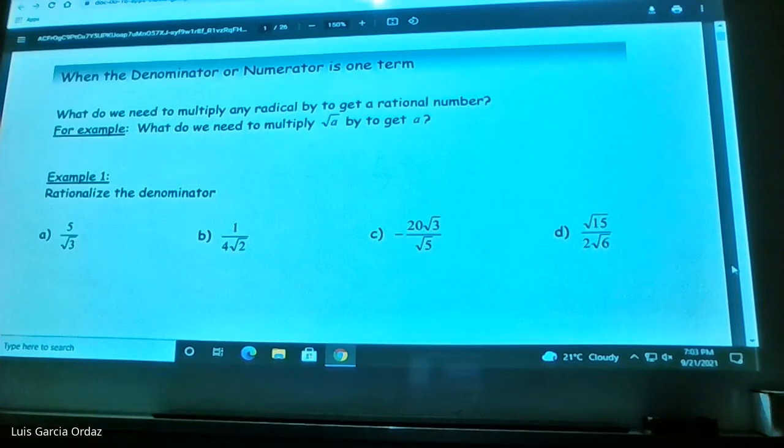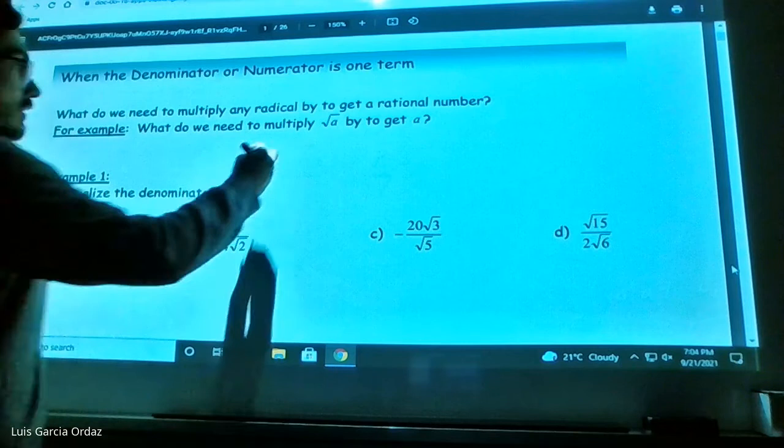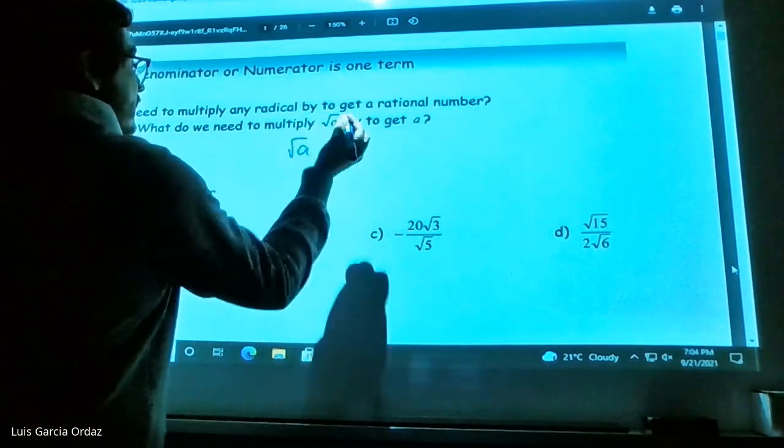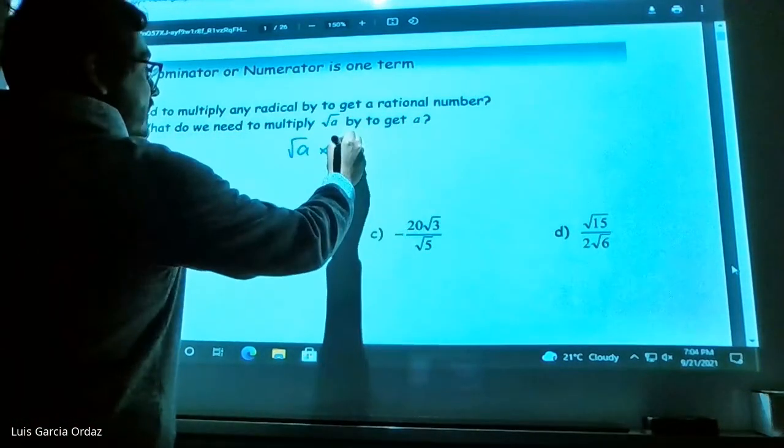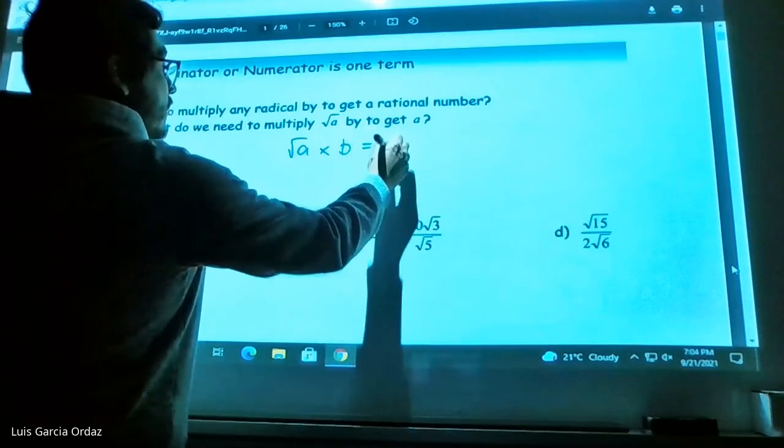So now when the denominator and numerator is one term, okay, what do we do to multiply any radical to get a rational number? For example, what do we need to multiply root a by to get a? So we have root a multiplied by a variable, let's say b, is equal to a.